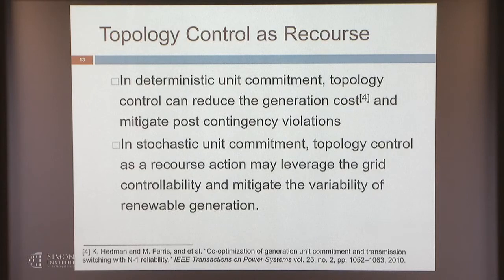So we are going to consider a stochastic programming in which we allow topology control in the second stage as a recourse action, once you realize the uncertainty in the wind forecast and you know exactly what's going to happen. The way the system works currently is that you have a day-ahead determination of which resources are going to be dispatched, usually important for slow generators that take a long time to warm up. Then the more flexible generators are dispatched very close to real time.